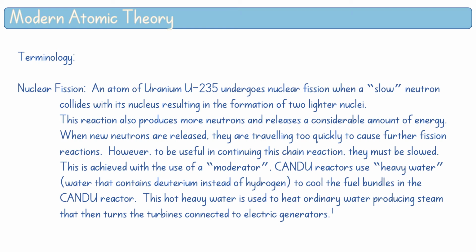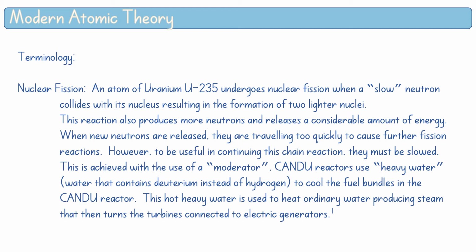Nuclear fission. An atom of uranium U-235 undergoes nuclear fission when a slow neutron collides with its nucleus, resulting in the formation of two lighter nuclei. This reaction also produces more neutrons and releases a considerable amount of energy.